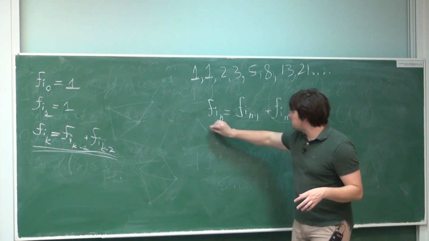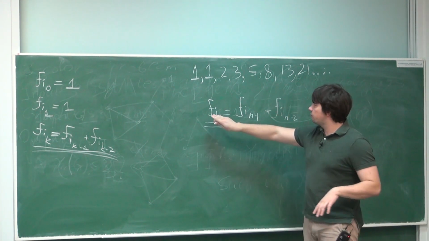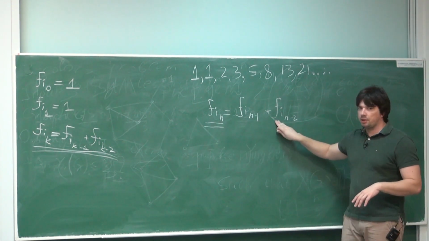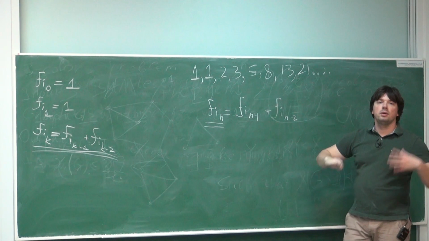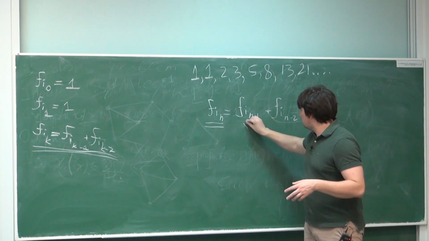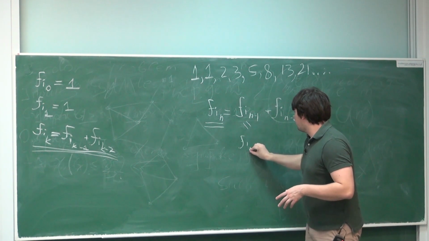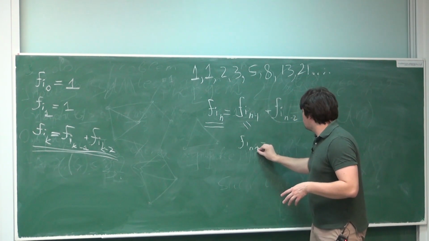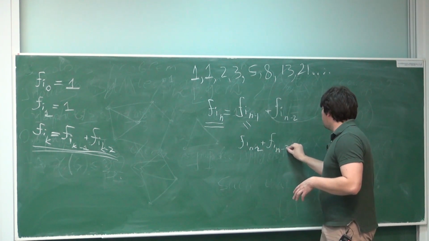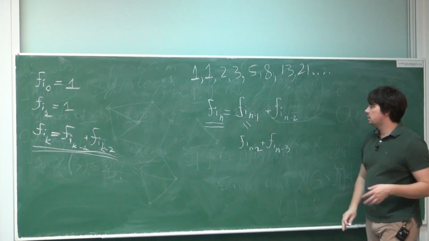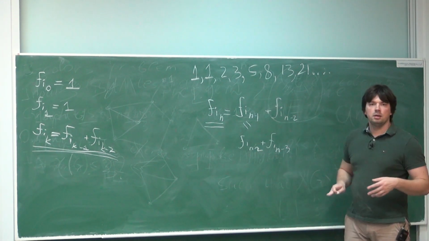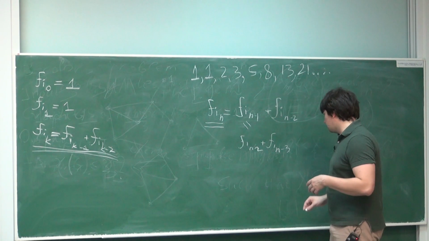Because to find this one, we will need to find this one and this one. This will try to find phi n minus 1 and minus 2 plus phi n minus 3. So now we already have 3 things we need to compute.